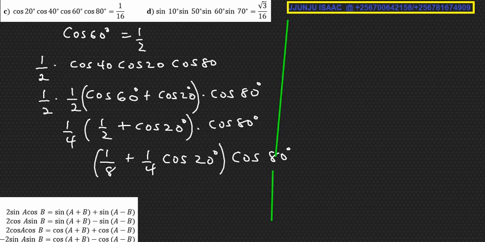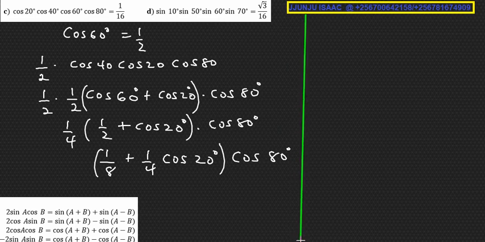So we shall be having 1 out of 8 cos 80 degrees plus 1 out of 4 cos 20 degrees cos 80 degrees.